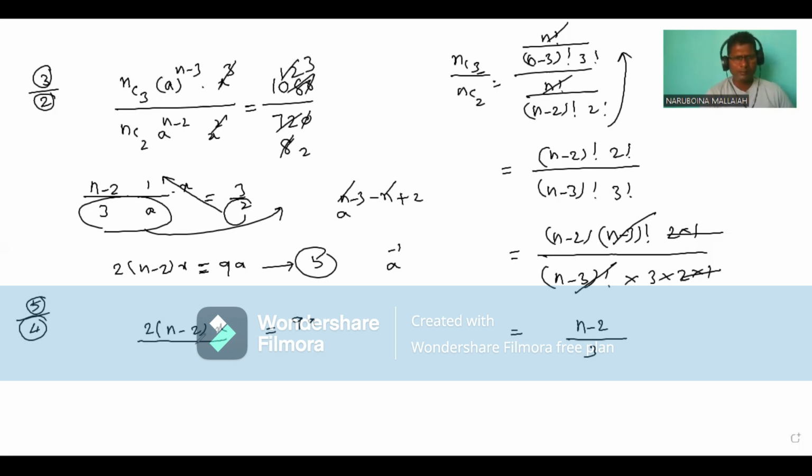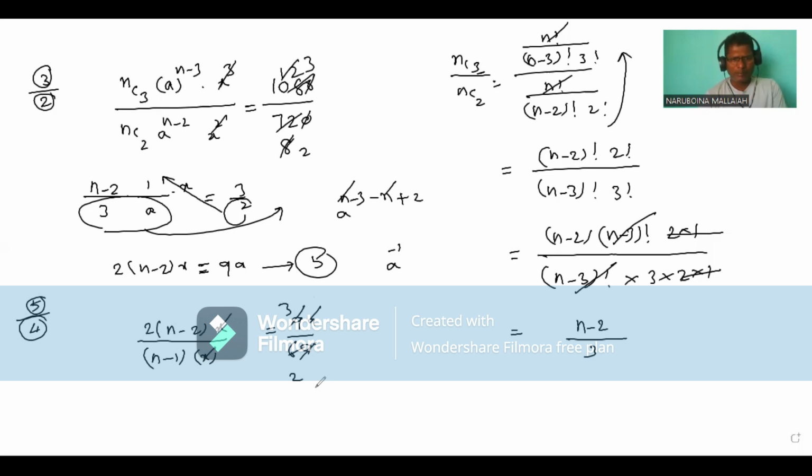Equation 4 is n minus 1 into x, that is equal to 6a. This is the fifth equation. This is the fourth equation. Now x gets cancelled. Here a gets cancelled. 3 3s, 3 2s are 6.